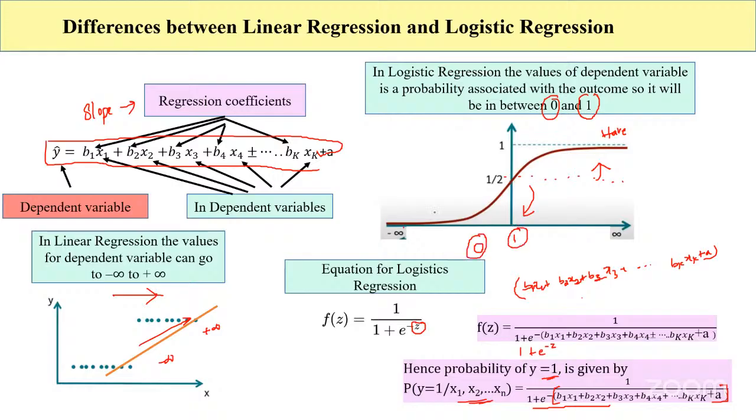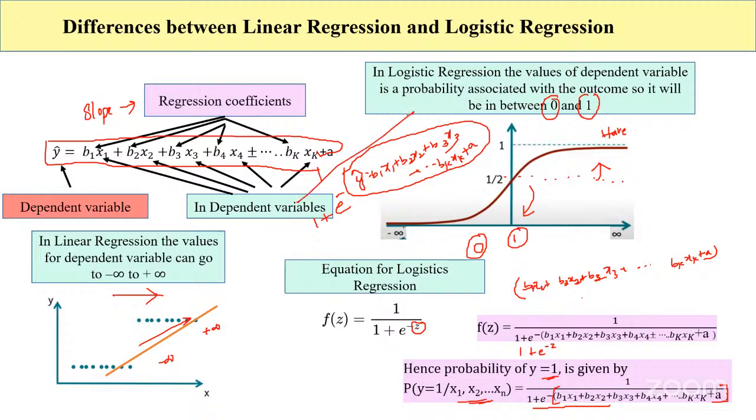In linear regression, y cap is equal to b1x1 plus b2x2 plus b3x3 up to bkxk plus a constant. In logistic regression, this total equation is kept with a minus sign, so e power minus that, 1 plus, and 1 divided by that. This is the logistic regression output.